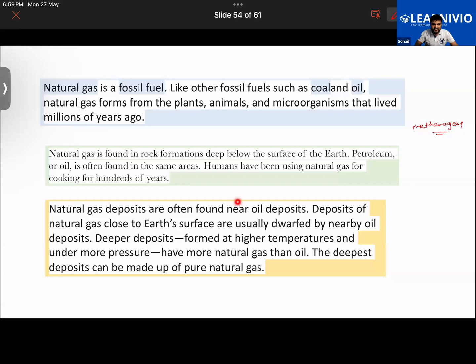So deposits of natural gas close to Earth's surface are usually dwarfed by nearby oil deposits, and deeper deposits are formed at higher temperatures and under more pressure, so they have more natural gas than oil. Say this is the Earth's crust and these are two places, place A and B. Which one will be experiencing more pressure and more heat?